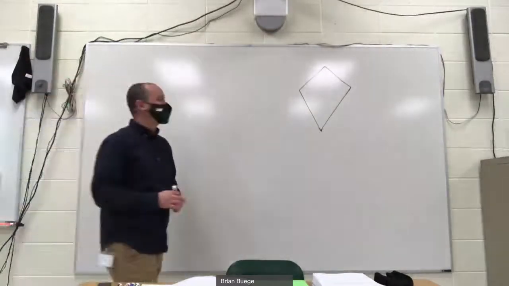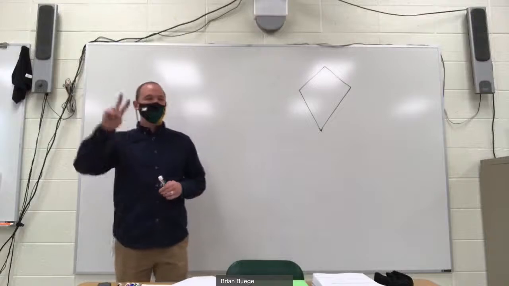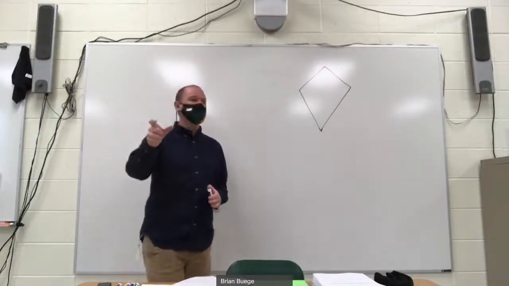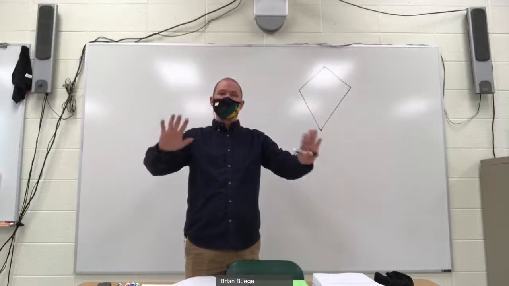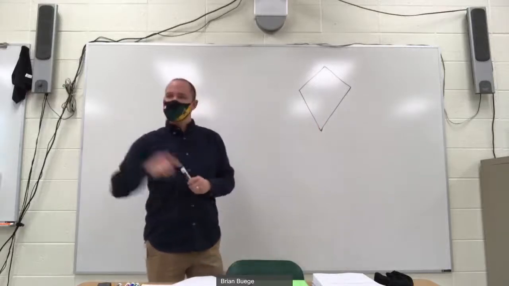Okay, so here's what that actually means. The two distinct pairs, anytime you see the word distinct, it means different, okay? You've got two different pairs of consecutive congruent sides.